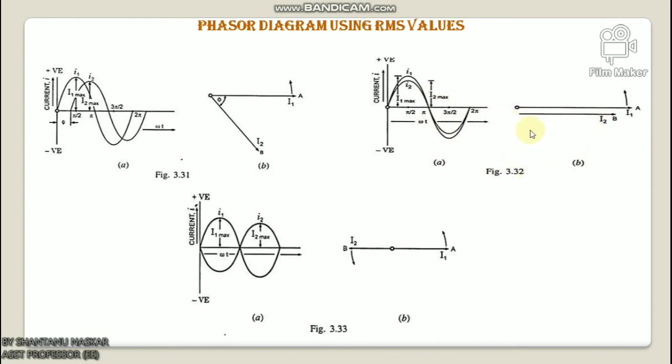But the two quantities passing through zero values at the same instant but rising in opposite directions, as shown in this figure 3.3, are said to be in phase opposition, and the phase difference is 180 degrees. When the two alternating quantities have a phase difference of 90 degrees or pi by 2 radians, they are said to be in quadrature.